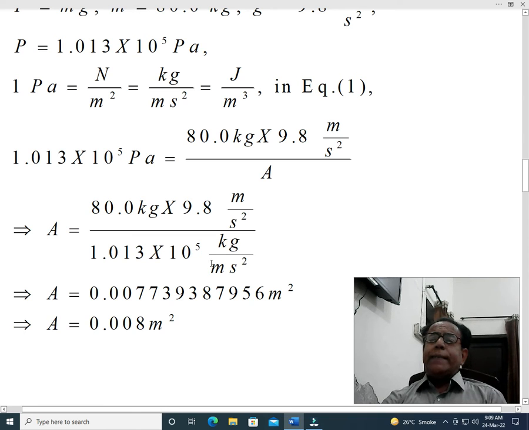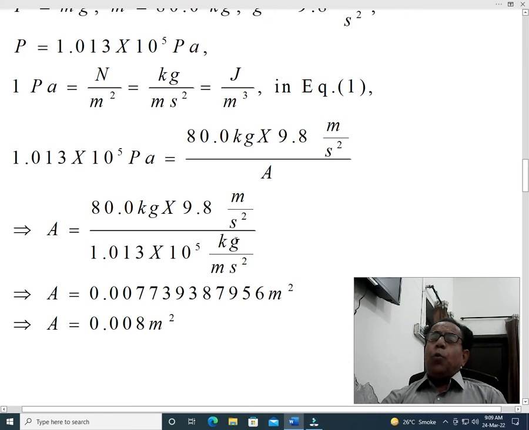Here, dear students, this meter second square is in the denominator of the denominator, so it will be assumed in the upper part of the numerator.